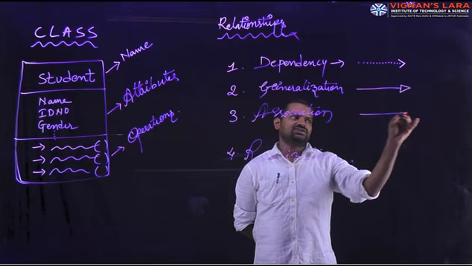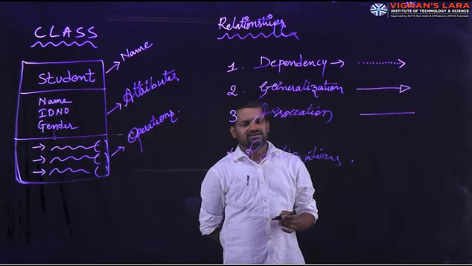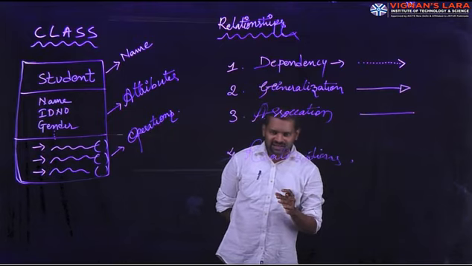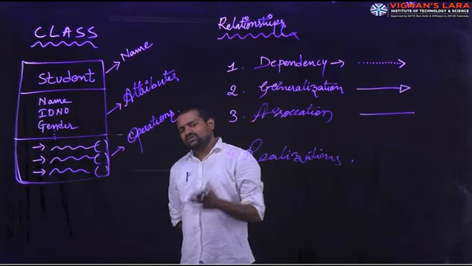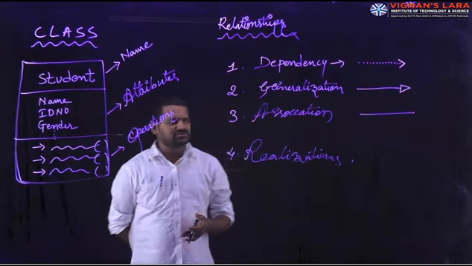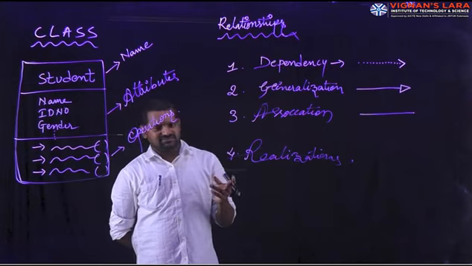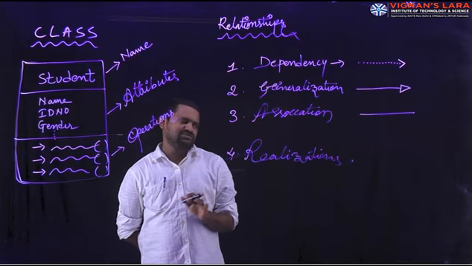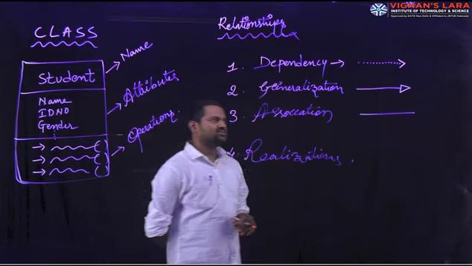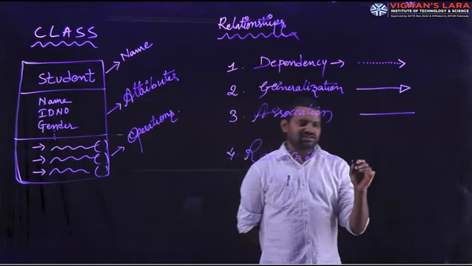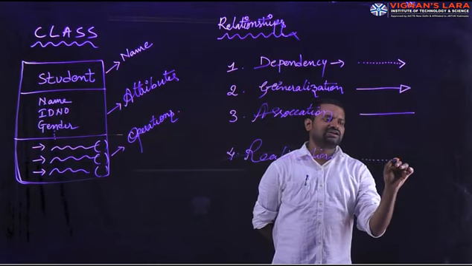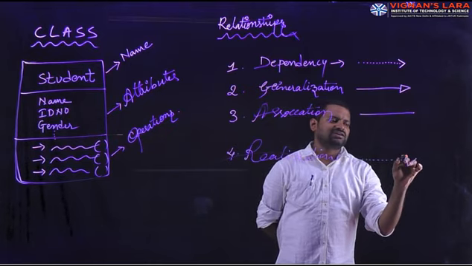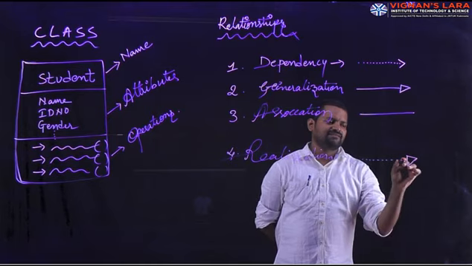And association basically does not have an arrow, but the association relationship can be used in two ways, either source to destination or destination to source. Realization is in the sense of a dotted arrow. This is the realization.